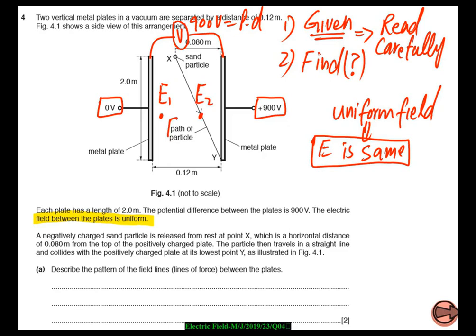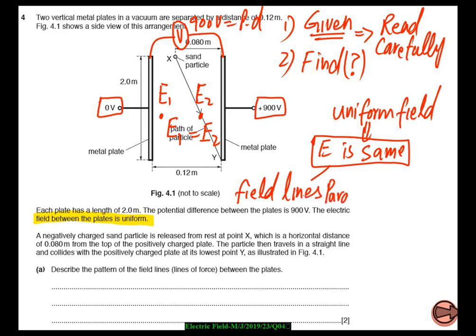We also need to understand that if the field is uniform, the electric field lines have to be parallel. This is one thing.